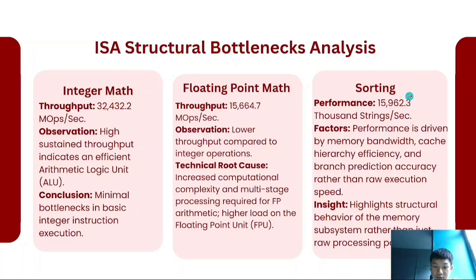For the sorting benchmark, performance depends not only on the CPU execution speed, but also on the cache hierarchy and branch prediction accuracy rather than raw execution speed. Overall, workload A demonstrates that the processor performed exceptionally well for integer intensive workloads while maintaining stable performance for floating point and memory intensive applications.